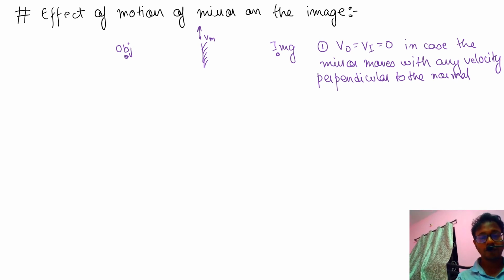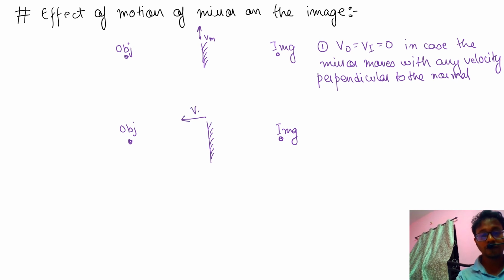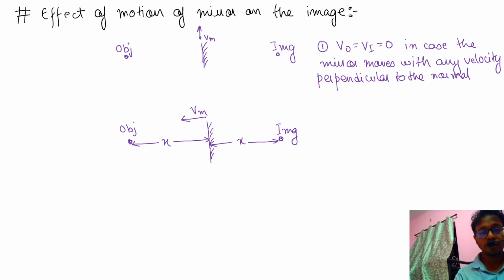Achha. What happens if this is the object, this is the mirror, and this is the image? The mirror moves in this direction, velocity of mirror. Suppose let this distance be x, and therefore by the mirror formula or image-object formula, this distance will also be x. Now the new mirror position is, let us say the mirror shifted by y distance in this direction.